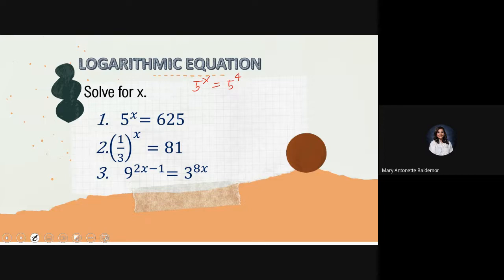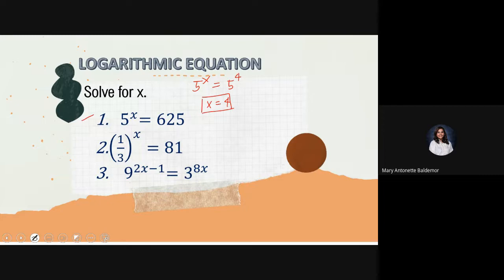Since the exponent here is x, we can equate x equal to 4. Since both of their bases are equal, that means their exponents are also equal. So therefore, the x here in number 1 is equivalent to 4. So we're done with number 1.